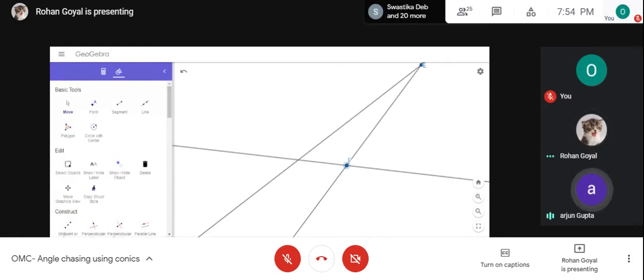I think all such lines, this EF while moving, must pass through some point, which is I think the midpoint of EF. You're saying that as E and F move, the midpoint of EF remains the same. That's just not true, right?